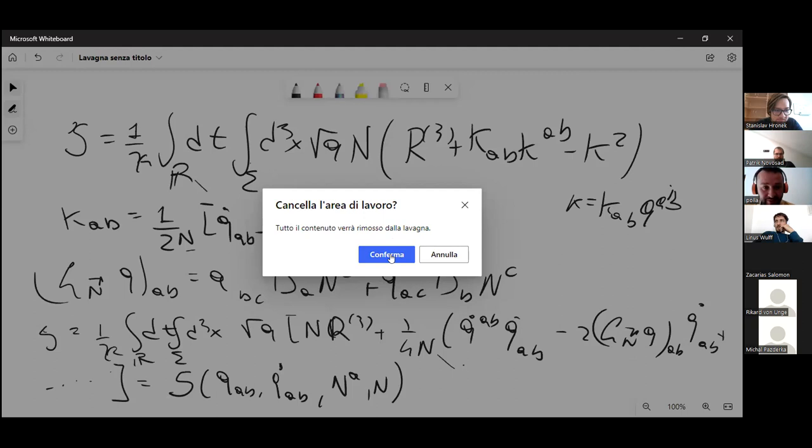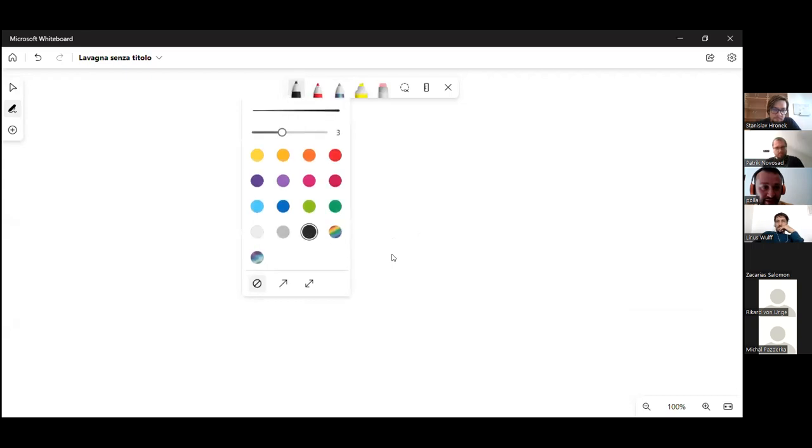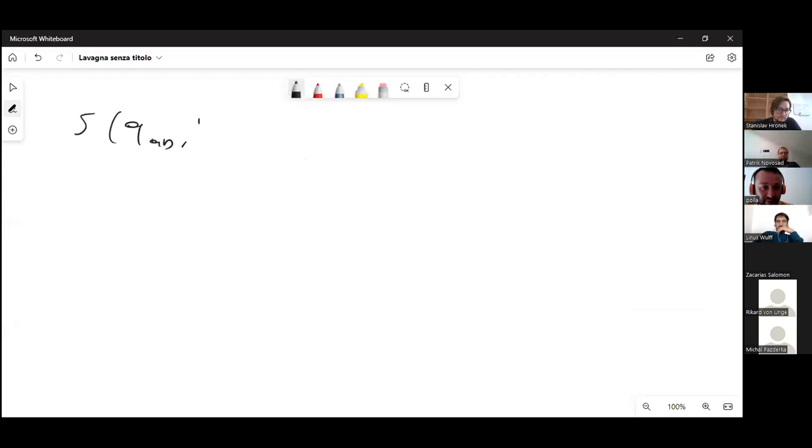Okay, thank you, Microsoft. The only thing that matters now is that we got that this S depends on QAB, as I wrote, Q prime AB and A and nothing else. Okay, so now we want to find out what are the momenta associated to these variables here.